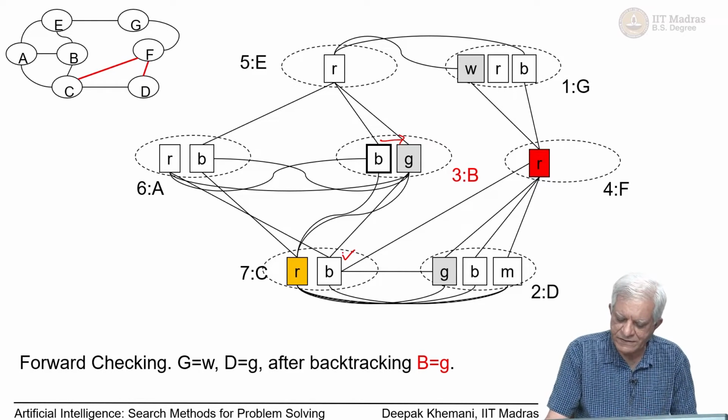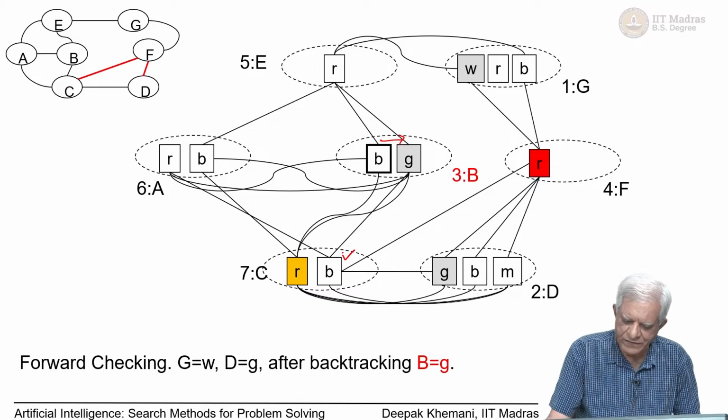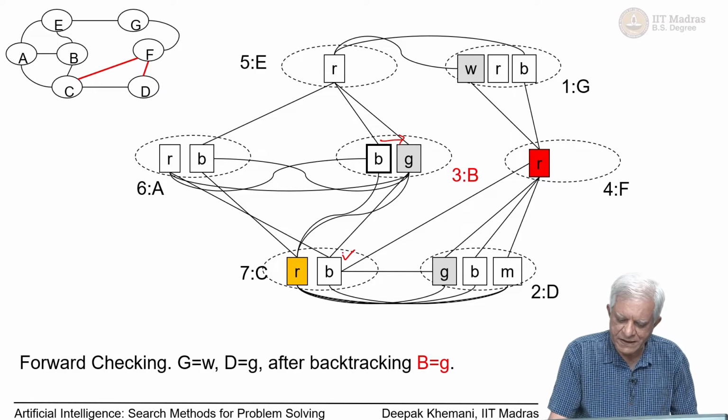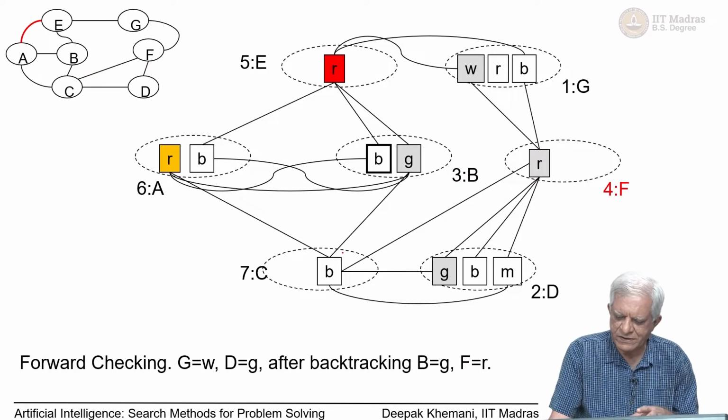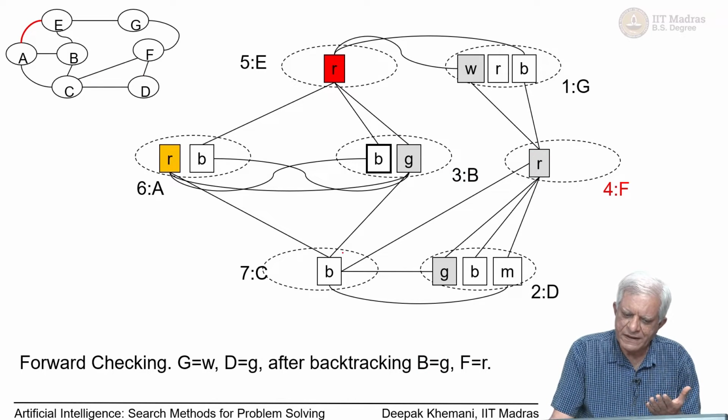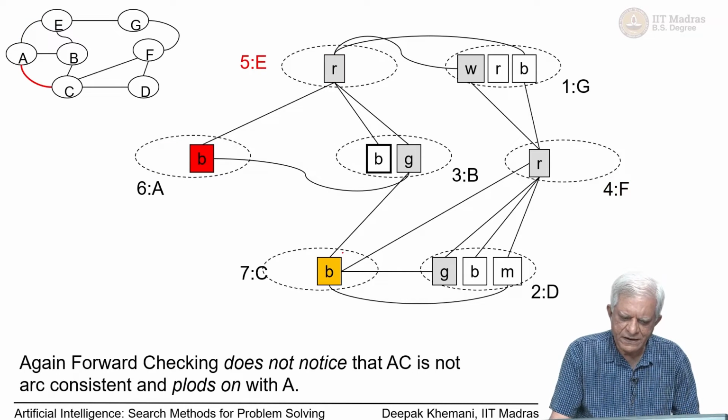So, now we try this value of R for F, and at this point we will delete R from C, but that does not make that domain empty essentially. So, this would go through successfully. Then we will try a value for E and the R value, at which point we will delete the value R from A, and we will reach this stage essentially.